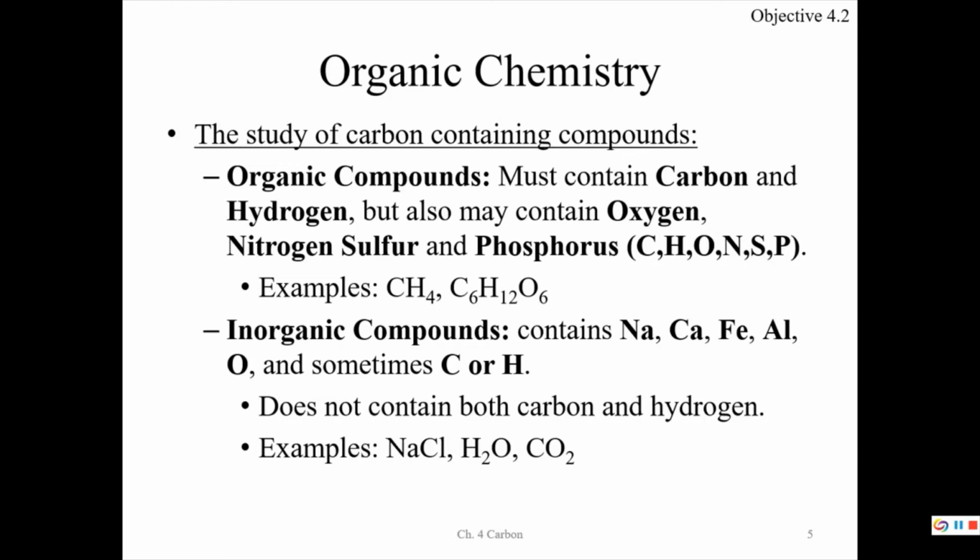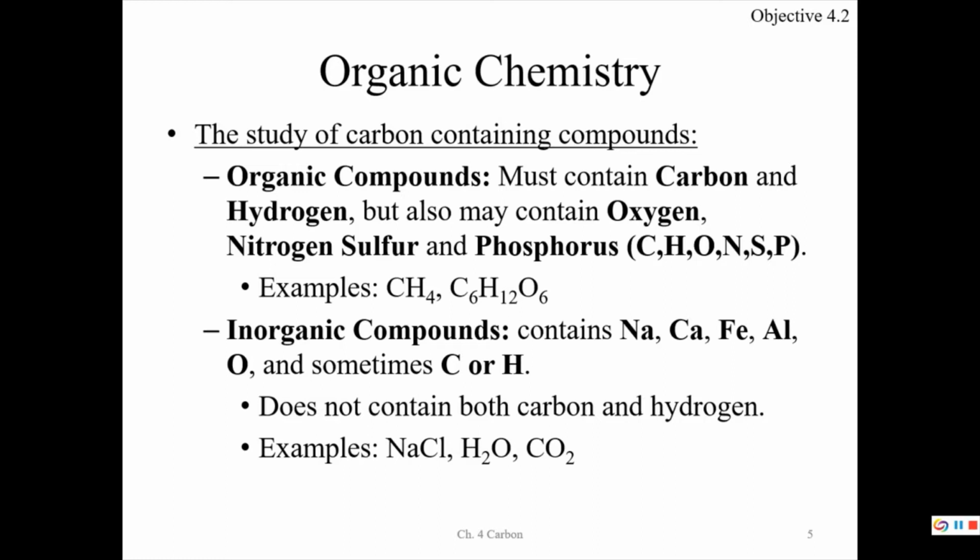Inorganic compounds, they have a bunch of things. They can have carbon or they can have hydrogen. They don't have both. Things like sodium chloride, water, H2O, carbon dioxide, CO2. These things, now they may have calcium, iron, aluminum. Now, great example of this, a very important organic compound called hemoglobin or myoglobin also has iron in it.